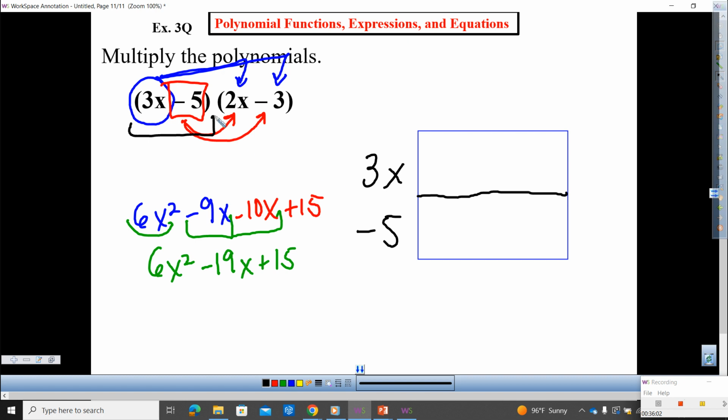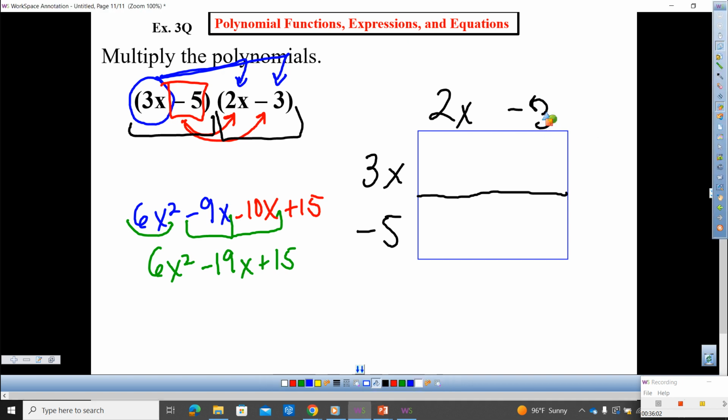What's my second binomial? 2x minus 3. And then your line down after the first term.